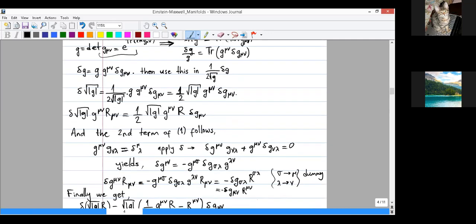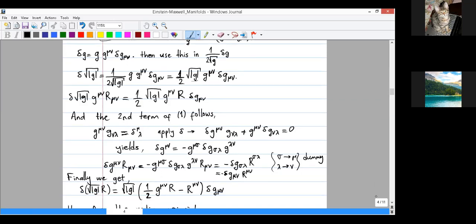If you use that here, it becomes 1/2 square root of G, and so this cancels one square root, and we have 1/2 square root of G, G mu nu delta G mu nu.